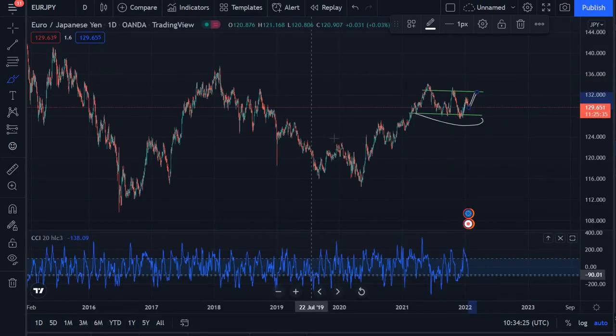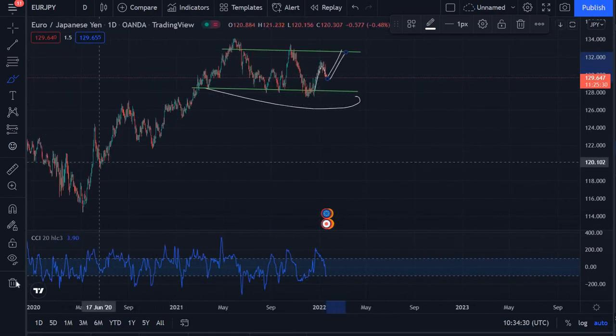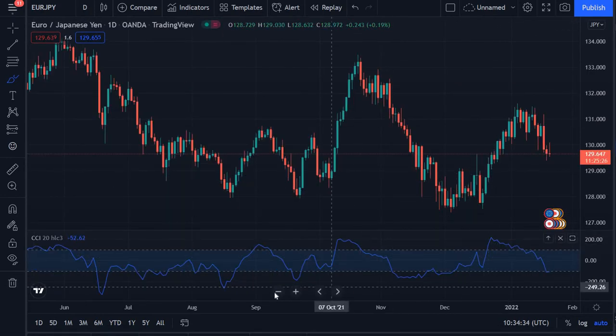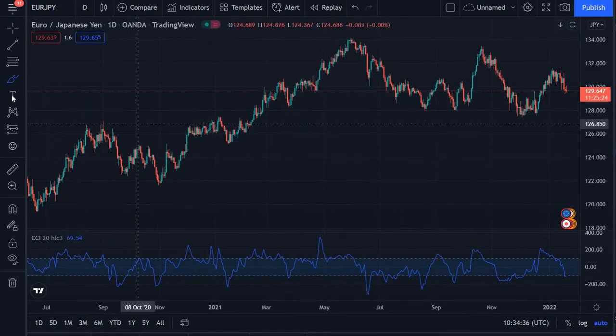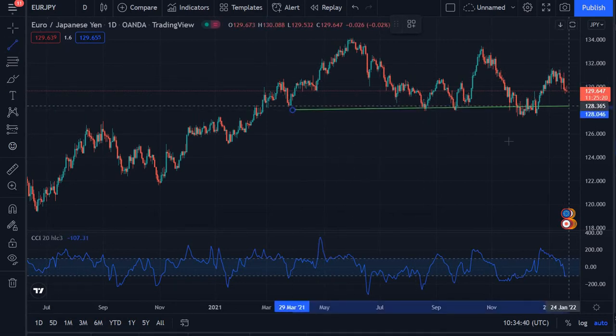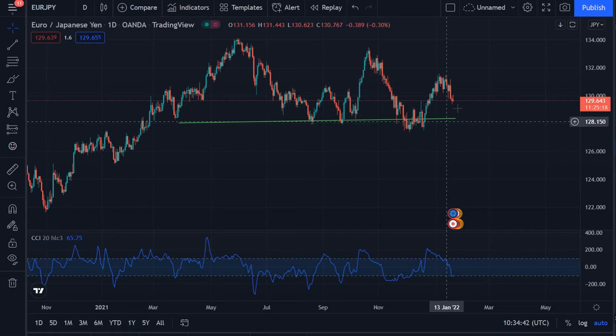Checking the daily, so pretty much a consolidation pattern here on the daily as well. So here somewhere is the support line.